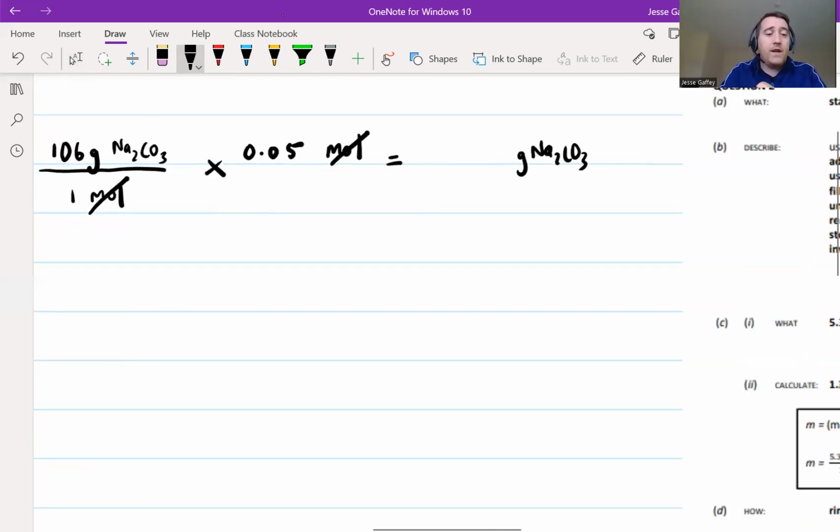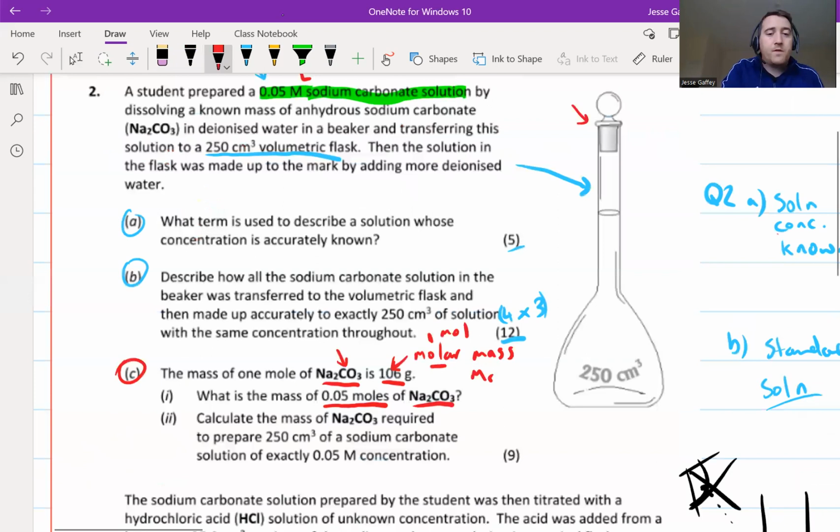Now you may have a different way of doing this, and that's okay, so long as you consistently get the right answer. But this, in my opinion, is the best way because by canceling out the units, you know you've done it right because your only unit left here is grams. So when we do this, you should get 5.3 grams of sodium carbonate. Well done if you got that right. That was only worth 3 marks.